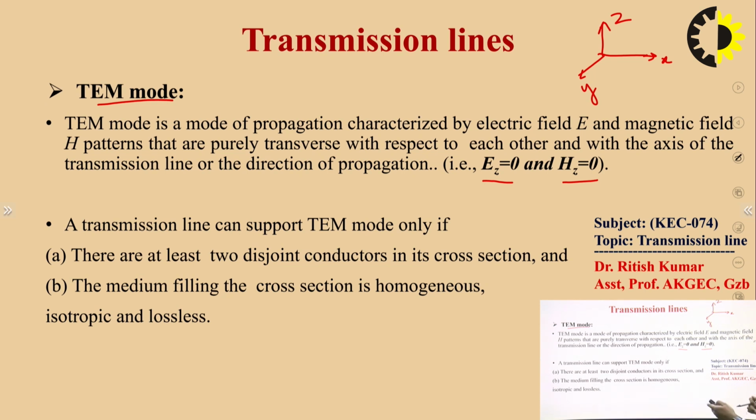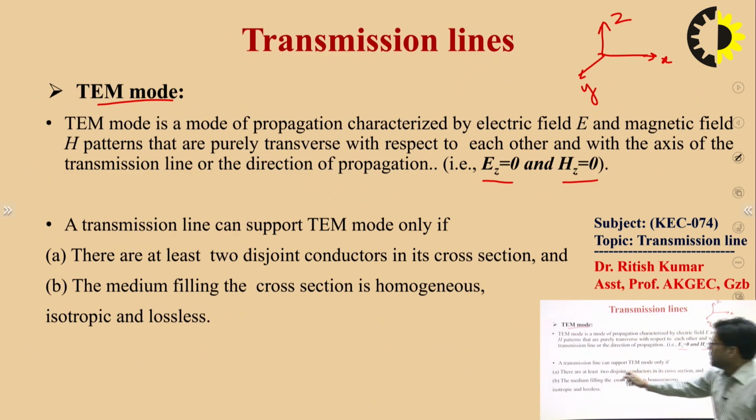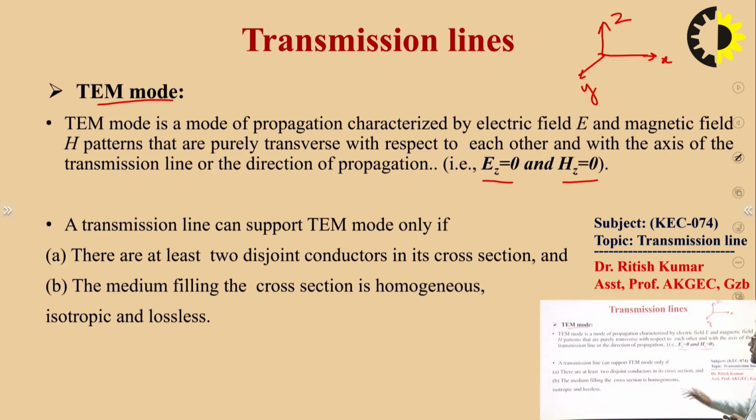If you see this coaxial cable, the first condition says there should be at least two disjoint conductors. In the case of coaxial cable, you can see at least two conductors are present, and both are disjoint conductors as well. While the second condition says the medium filling the cross section is homogeneous, isotropic, and lossless.